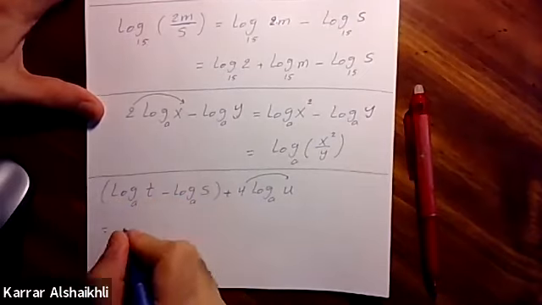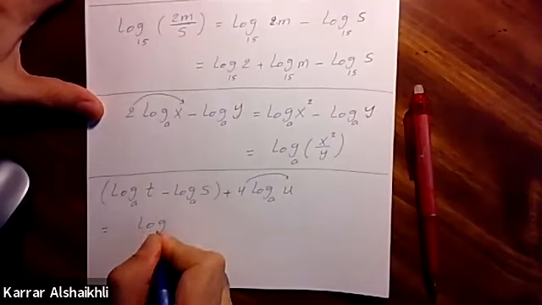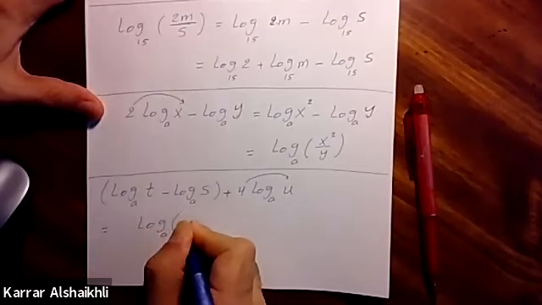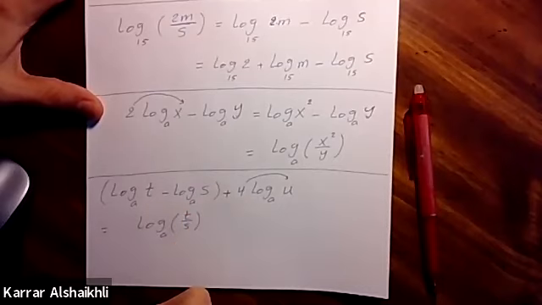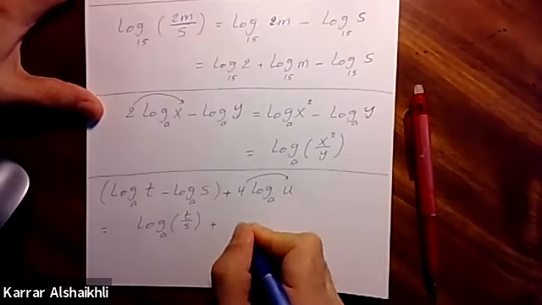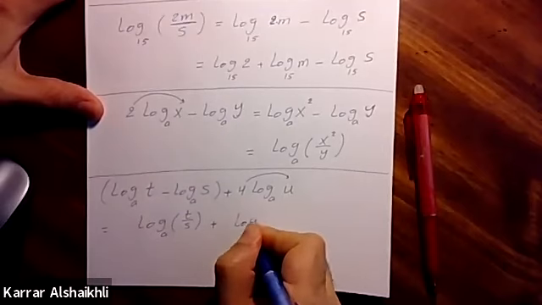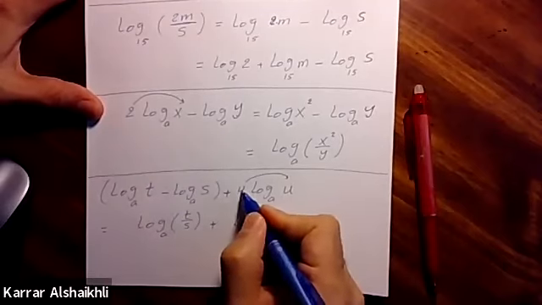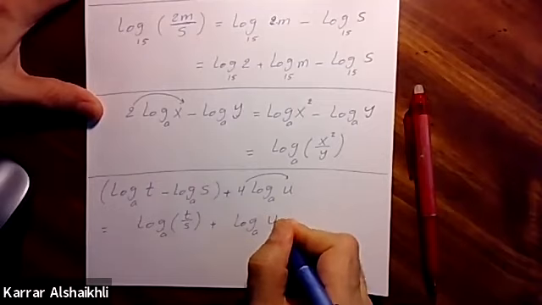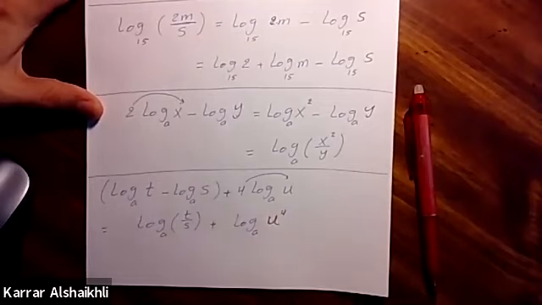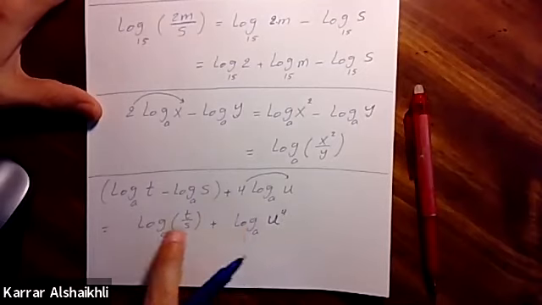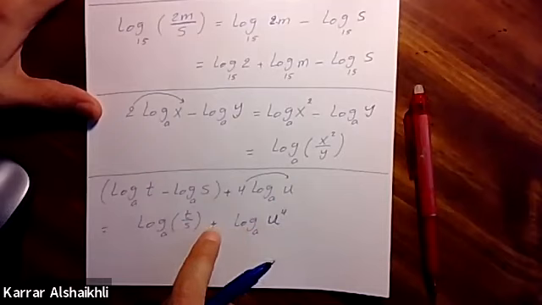So this part is going to be log to the base a of t over s, plus log to the base a of u, this number is an exponent, so u to the power 4. Now, next step, I have addition between 2 logs.